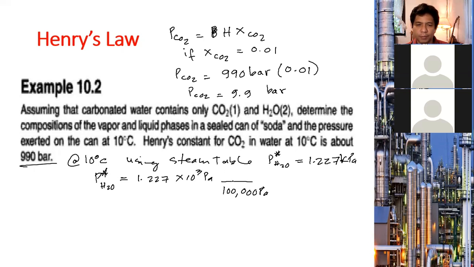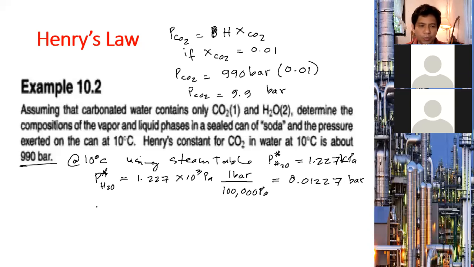Of course you can convert this faster. Ito na lang yung ginawa ko para mas malinaw siya. If we're going to use a calculator, you're supposed to get P star H2O equals 0.01227 bar.